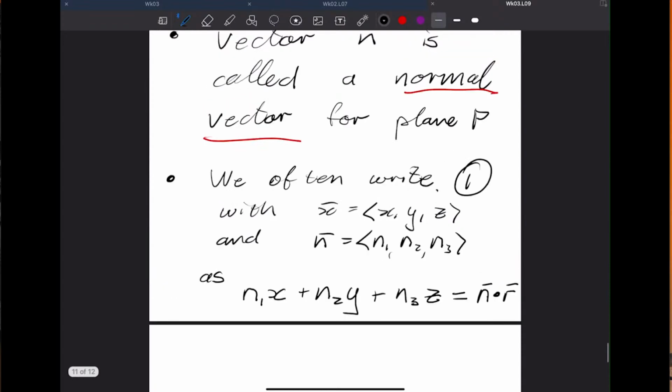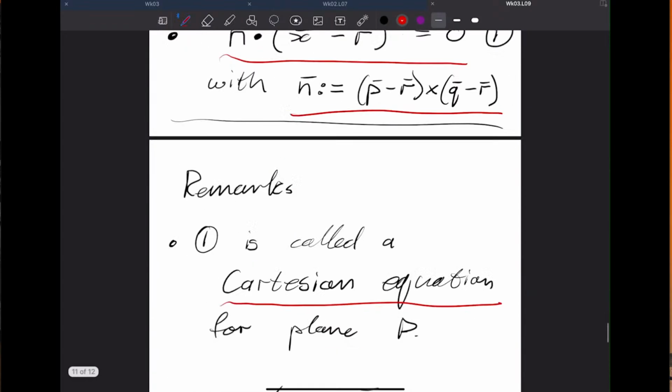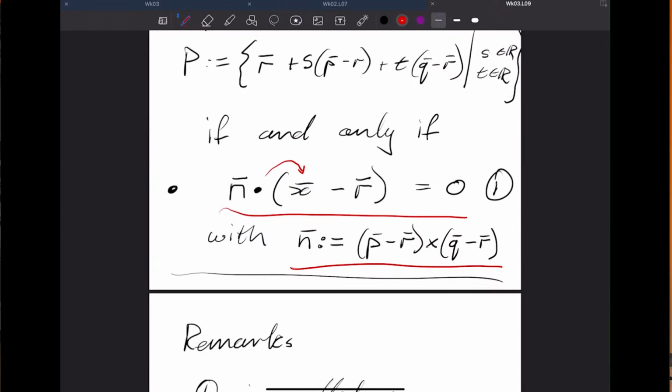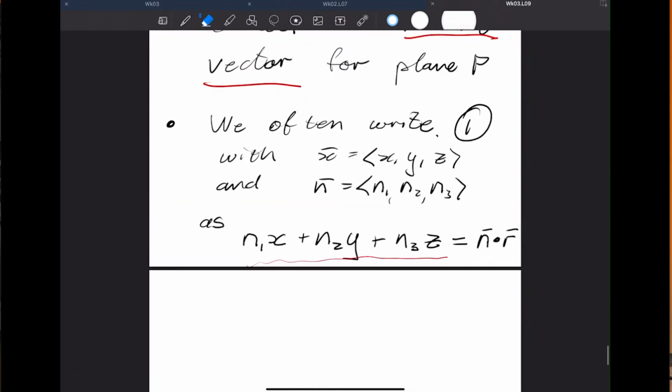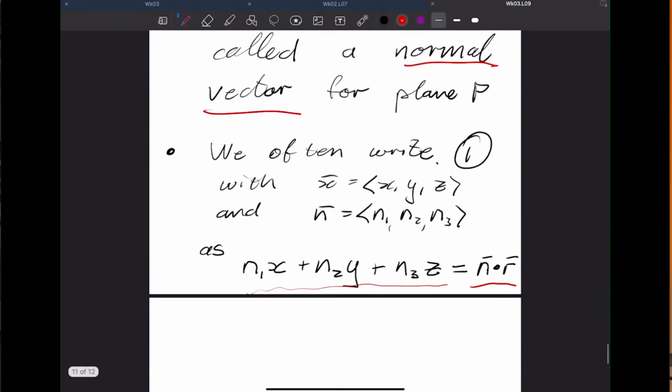So if we take a look at this equation, use the properties of the dot product, so n dot with x here, that is what we have on the left here, and we take the minus n dot with r, we take it across to the other side, and that is how we get our n dot with r on the other side over there. And so you will very often see equations for planes in this form.